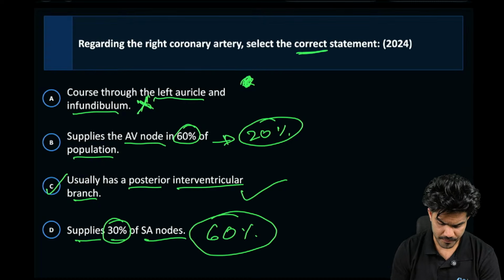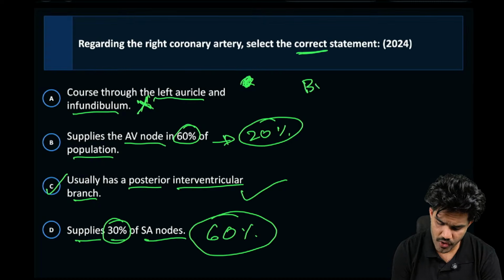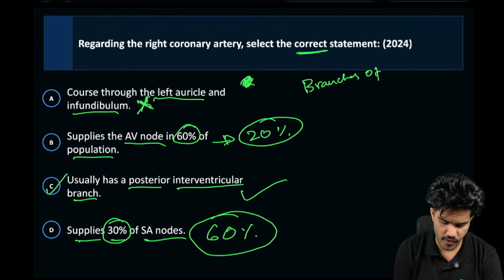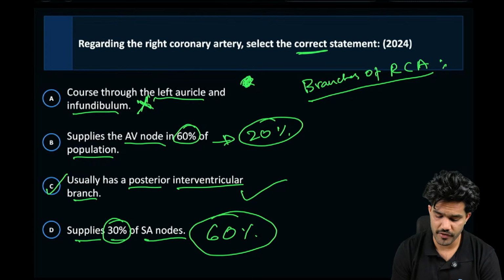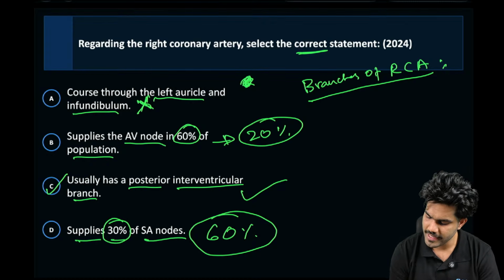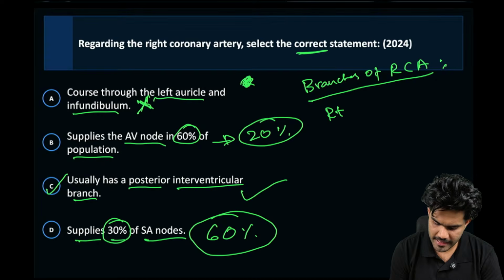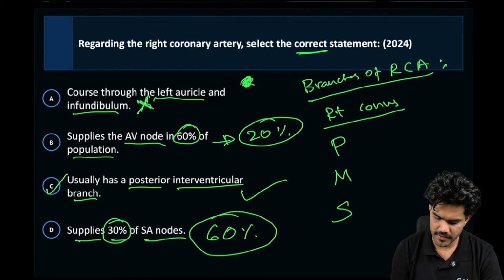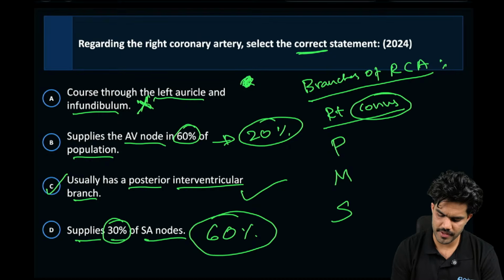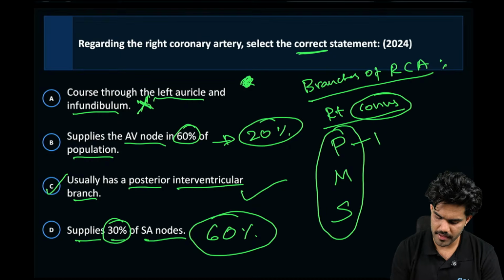So remember, let's see the branches of the right coronary artery. There is a trick for the branches of the right coronary artery. It will be right conus PMS. Conus PMS. What is P?